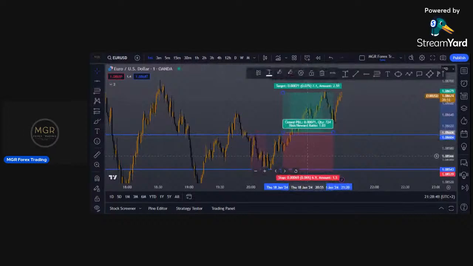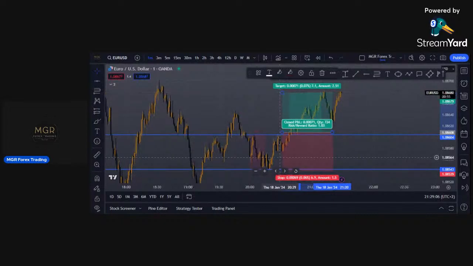You need to make sure that you are at the charts, analyzing, just watching the charts so that you know when to enter in. And also, if you suspect, for example, by 28 minutes past 8, you could have already thought to yourself, look, there might be a potential for a buy opportunity to occur over here.